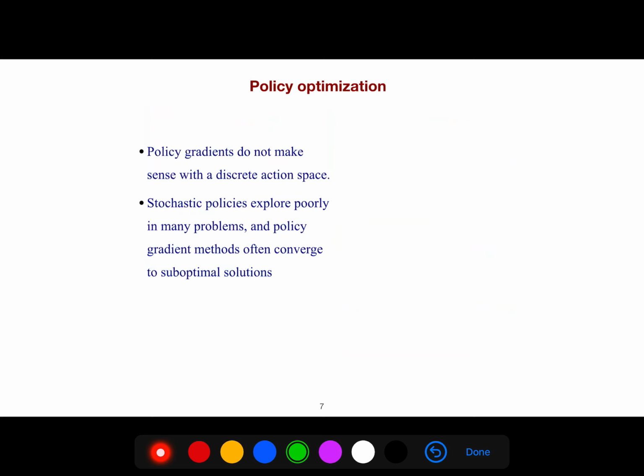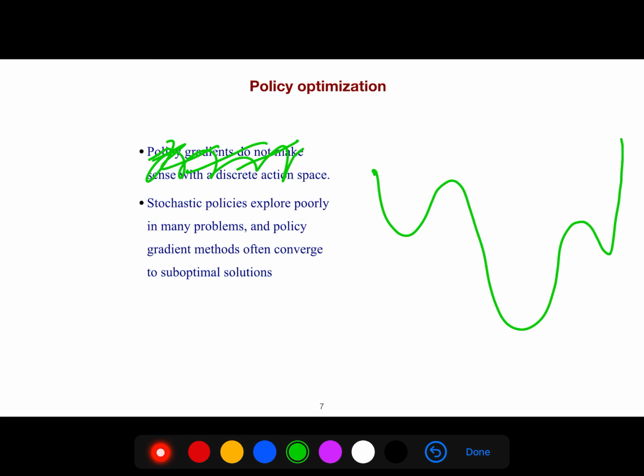But stochastic policies explore poorly in many problems, and policy gradient methods often converge to suboptimal solutions. And I understand why, because everything depends on the initial conditions.